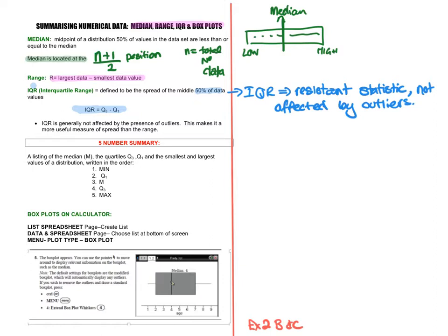So if you had your data and you're sitting at Q1 and Q3, what we're saying is 50% of all the values you collected were in between those two numbers. And then we'd have 25% lower than Q1 and 25% higher than Q3. Okay, so that's how you know.